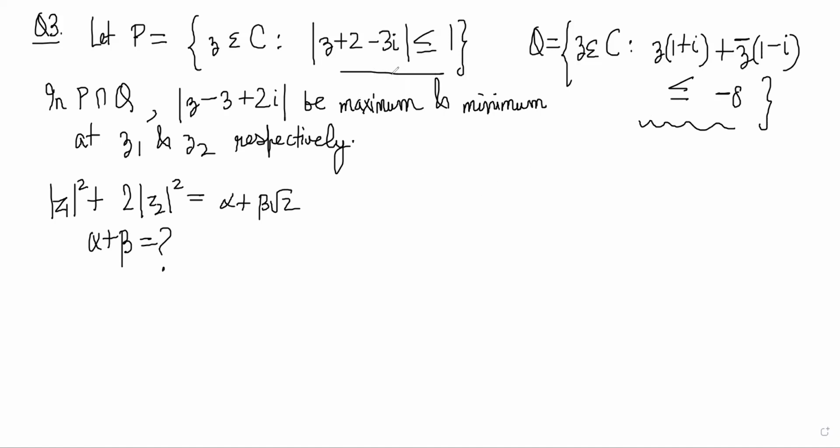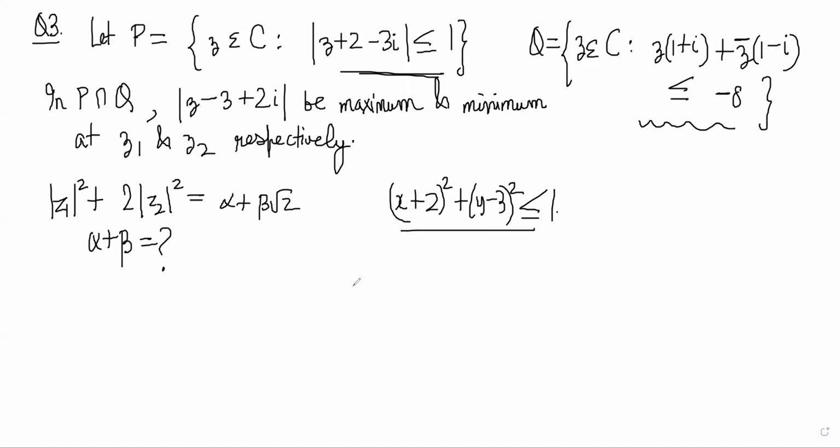See, this is the interior of a circle, right? Yes sir. So the circle's equation has center (-2, 3), right? Yes sir. So (x plus 2) whole square plus (y minus 3) whole square less than or equal to 1.